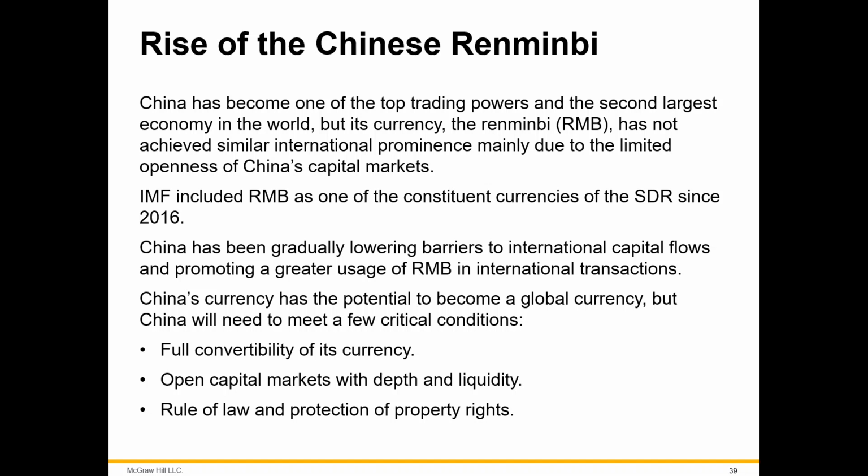But there's been a lot of international pressure on China to open up its currency to capital flows, and they've done some things in that direction. China is often facing criticism, not so much lately, but in the past, for artificially deflating the value of their currency for the purpose of keeping their exports competitive internationally.